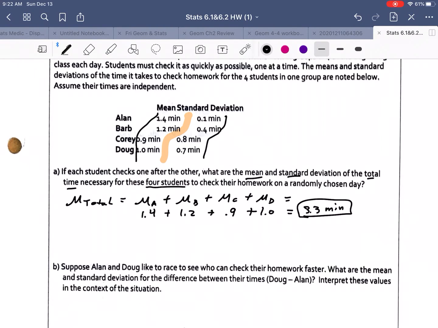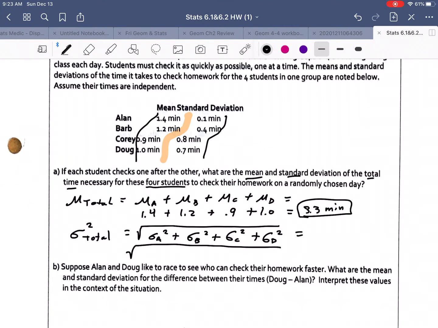All of them each have separate fluctuations, but that would be what we should expect for their total time. So what should we expect for their total standard deviation? Well, again, we can't add standard deviation. We can only add variances. So we said in class, we could add variances, and then I'd have to take the square root of their answer. And so that's exactly what we're going to do.